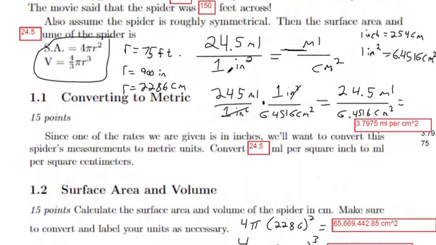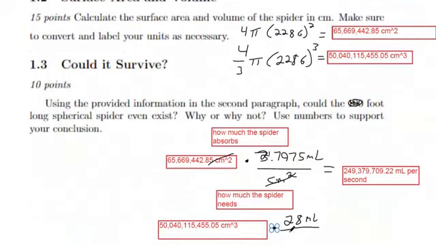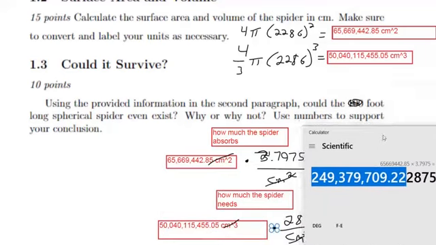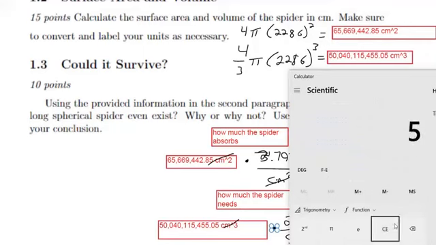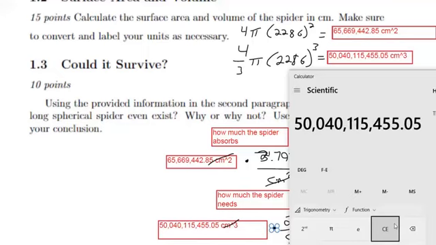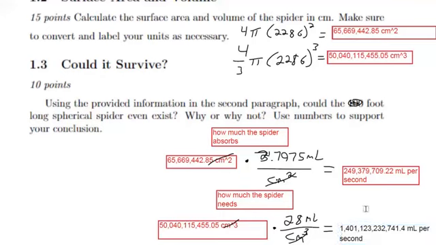So this is centimeters cubed down here. Again, we're multiplying. That way we can see these units cross cancel and leave us with just one unit in common to compare them. So if we multiply those two, 50 billion, 40 million, 115,000, 455.05. Okay, so over a trillion when I work that out with a calculator.